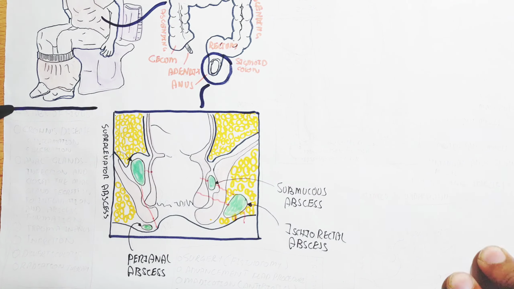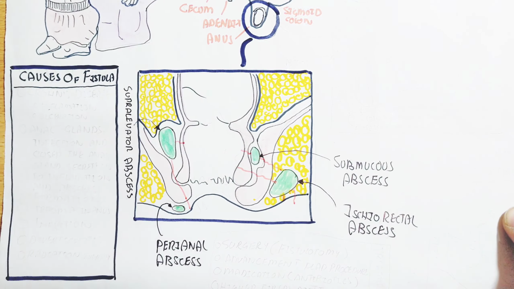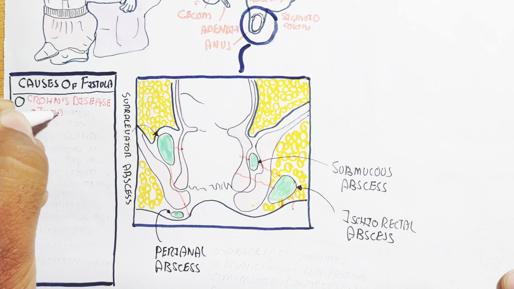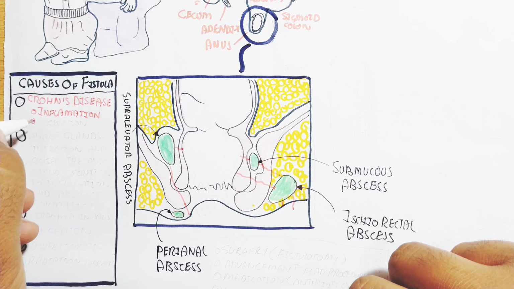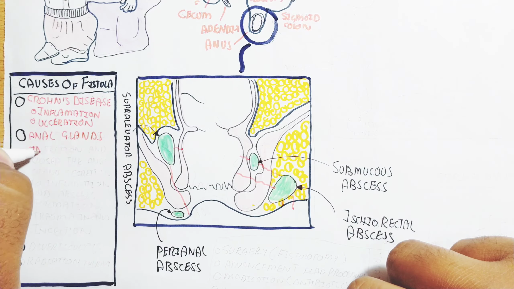So pus formation will occur. Here is the cross section of the rectum and anus which shows the abscesses. Abscesses can form and release and drain the pus outside of the body or inside, so inside of the anus or outside, depending on the situation of the fistula.